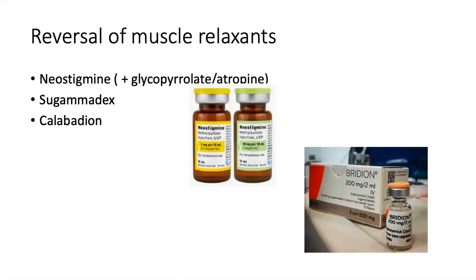So if a patient has acute kidney injury or chronic kidney disease, they probably are not a good candidate for Sugammadex, because they won't be able to excrete the Sugammadex rocuronium complex. So neostigmine with glycopyrrolate might be more attractive in those patients.